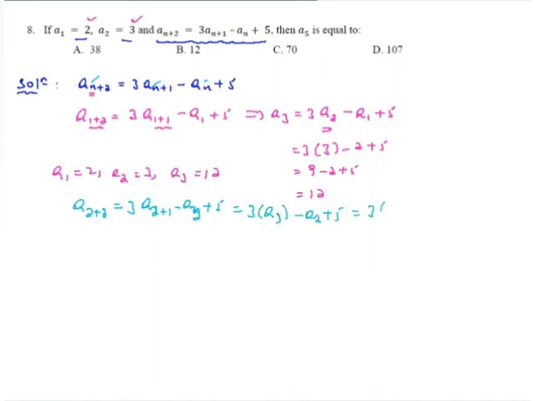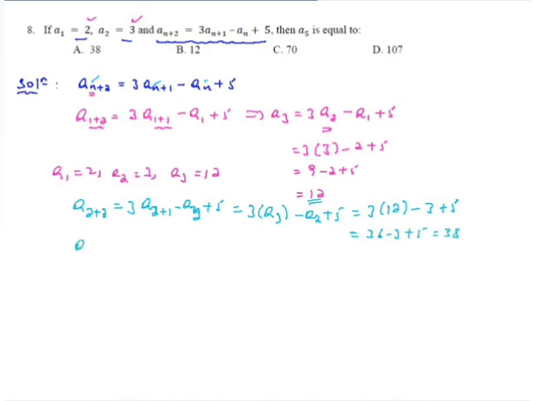The third term is 12. So 3 times 12 minus the second term, which is 3, plus 5. So 36 minus 3 plus 5, the result is 38.